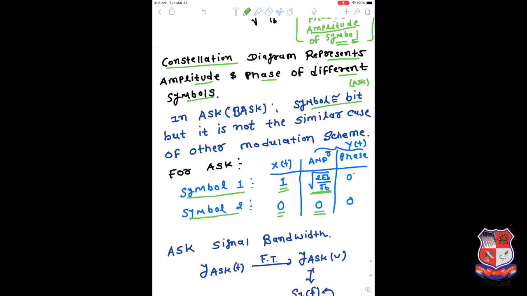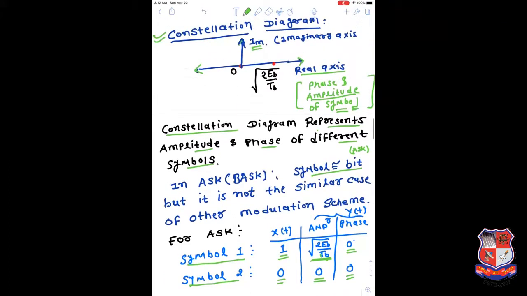And what is the phase here? Square root 2EB by TB is a real part, so there is no phase inclined, so the phase is 0. The same for the second one: the amplitude is 0 and the phase is also 0. So there are two symbols: symbol 1 is square root 2EB by TB, and the second symbol is 0.